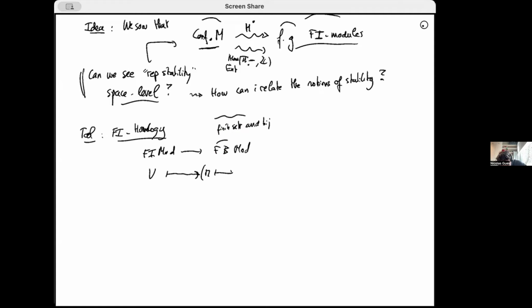And I send an integer n to V of n, but I mod out by all the images of V of s. Sorry, maybe let's stay coordinate free. So I'll take a finite set T, and I send it to V of T, modded out by all the images of its subsets.